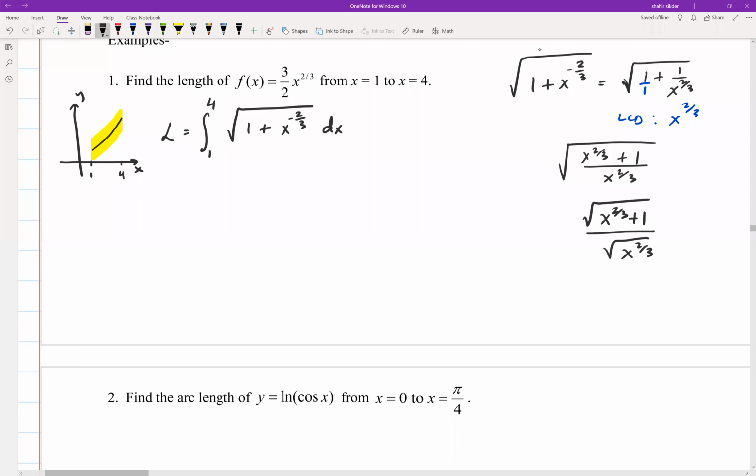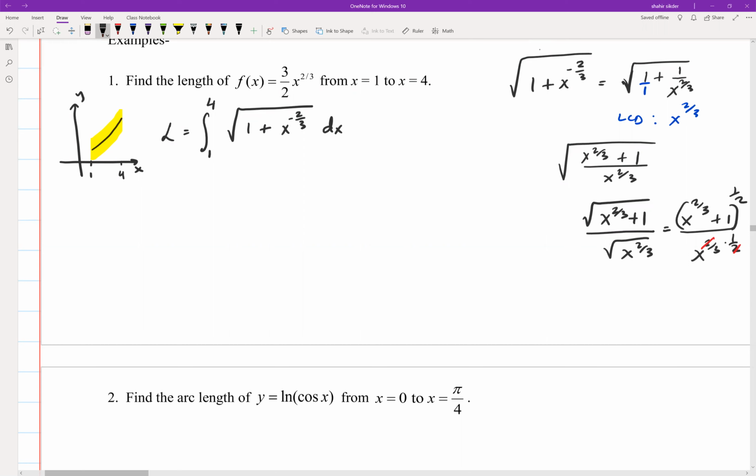And also recall, square root is the same thing as a 1/2 exponent. So this is 1/2, and x to the 2/3, this is 1/2. If I clean them up, these 2's are gone. I cannot clean the top up because of that plus 1 in there.